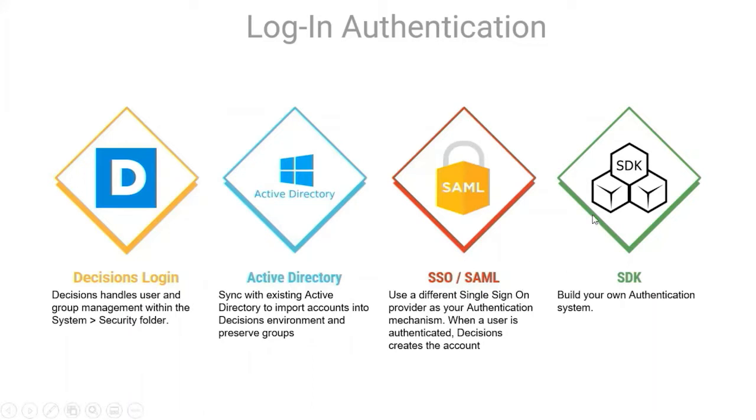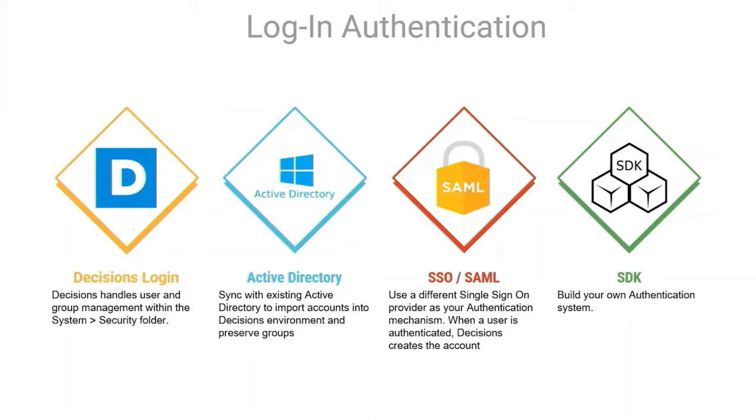Last, we have the SDK, or software development kit, wherein we can programmatically build in login sessions and login details for authentication purposes. In this, we basically use the .NET framework for building out these programs.